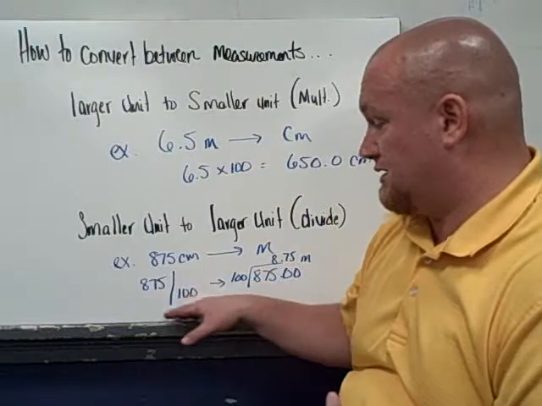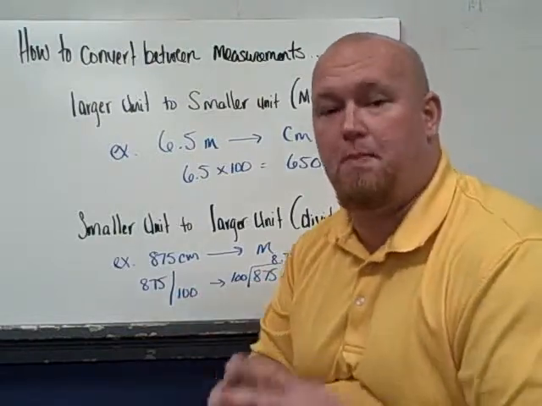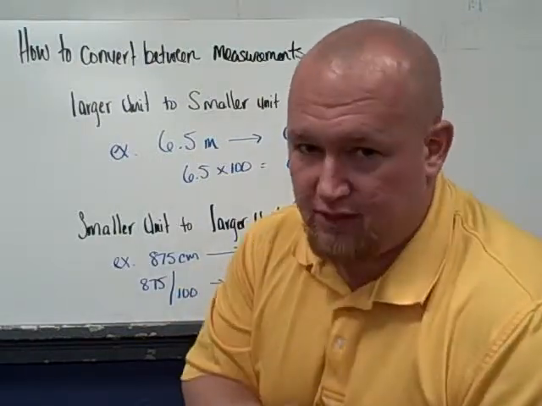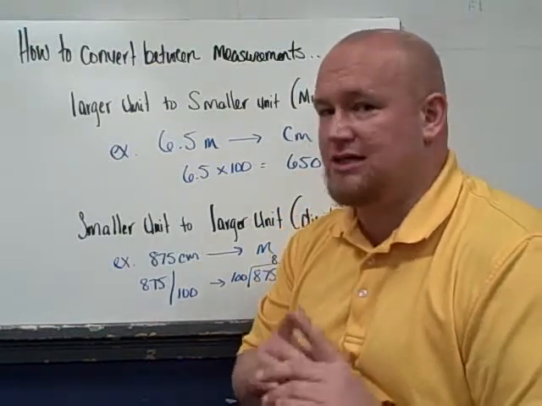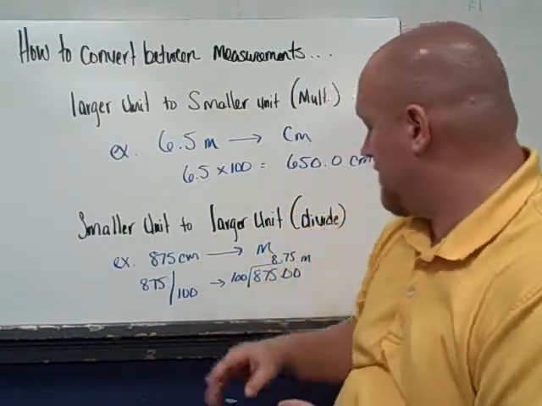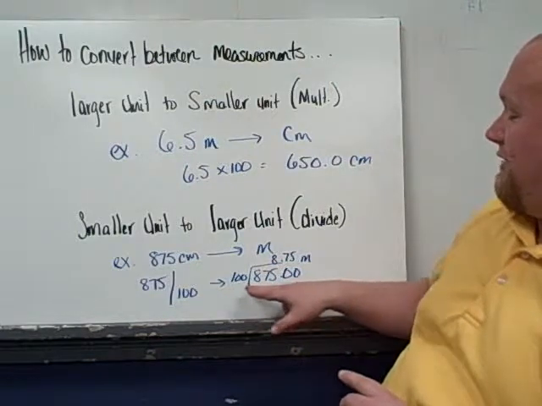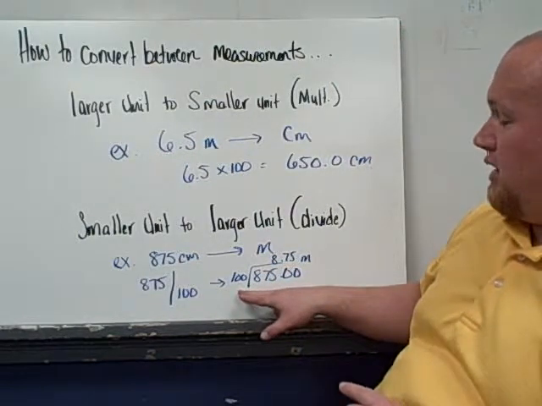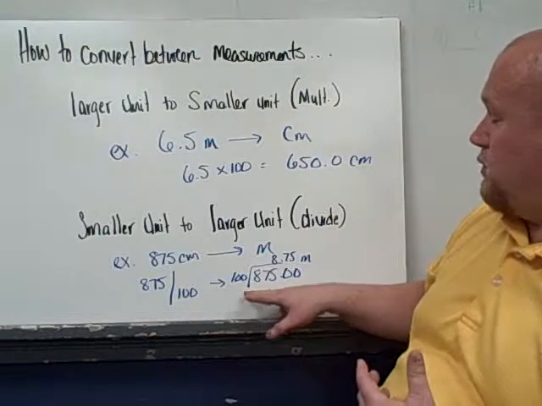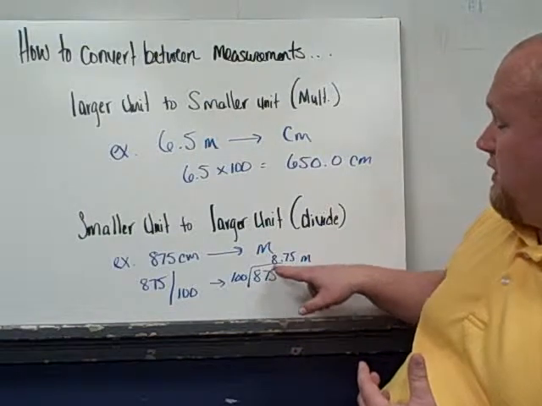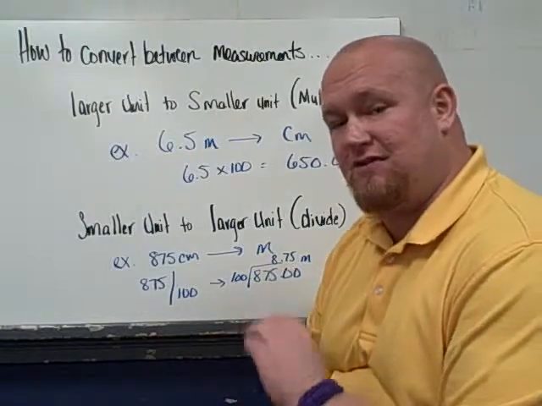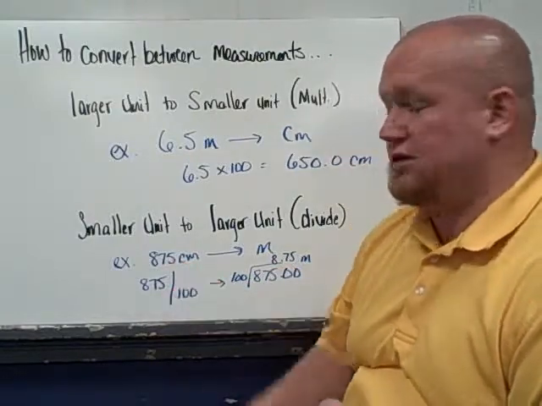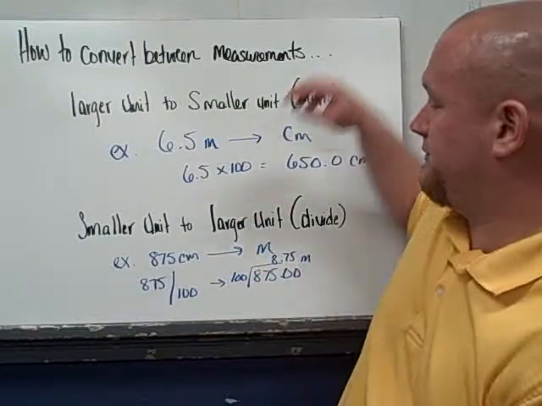We know that this is an improper fraction, but do the division, because the metric system uses the decimal system. It's base 10. It doesn't really use fractions, so we turn it into 875 divided by 100. We've done decimal division, so I quickly divided that, and that's 8.75 meters. There's 8 and 75/100ths of a meter in 875 centimeters.